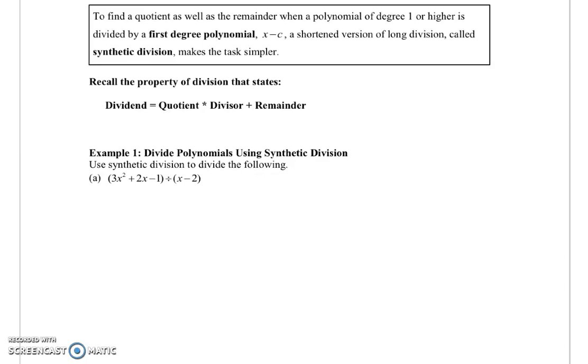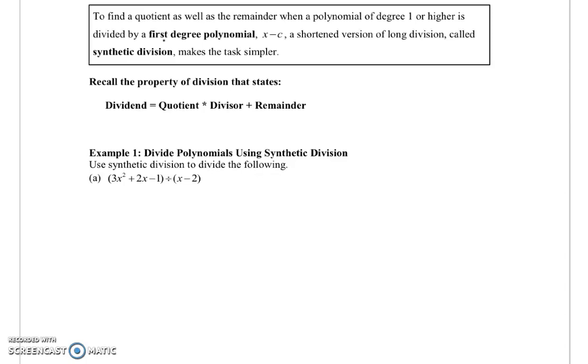In the last video, we briefly looked at long division and polynomial long division to just give ourselves a refresher on how that works. Now we're going to talk about synthetic division, which is a quicker way of doing polynomial long division.